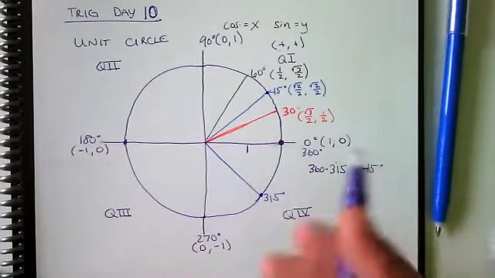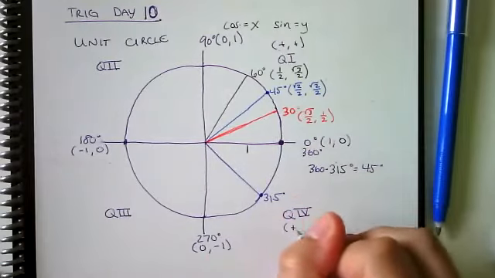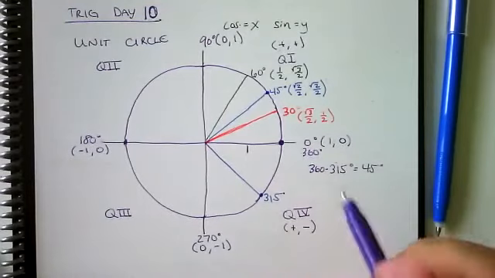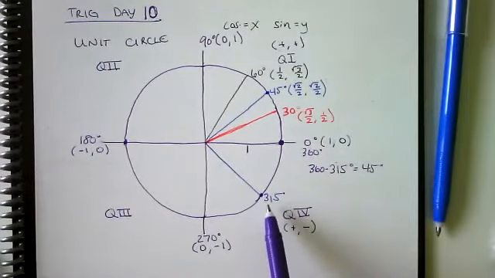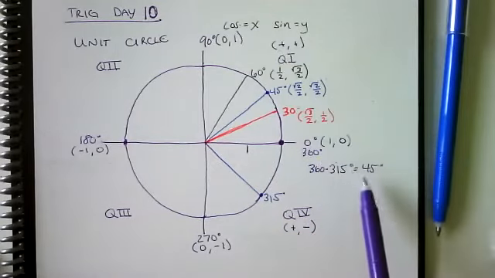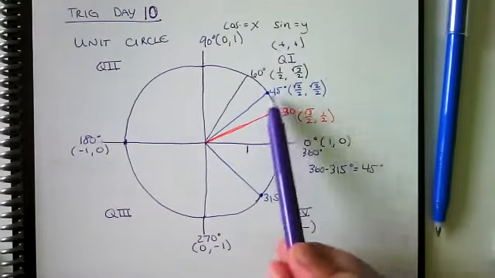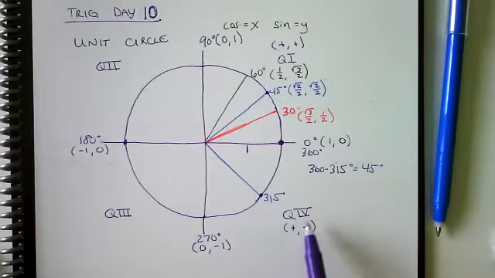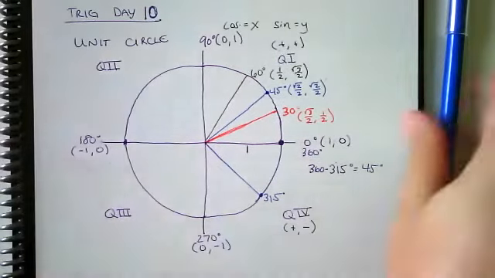I'm still going to the right, so my x value is still positive, but I'm going down, so my y value is going to be negative. So when I have 315, the numbers are going to be the same as 45. That's the purpose of our reference angle. I'm using these numbers because they're the same, but instead of my y value being positive up here for 45, now it's going to be negative because I'm in the fourth quadrant.